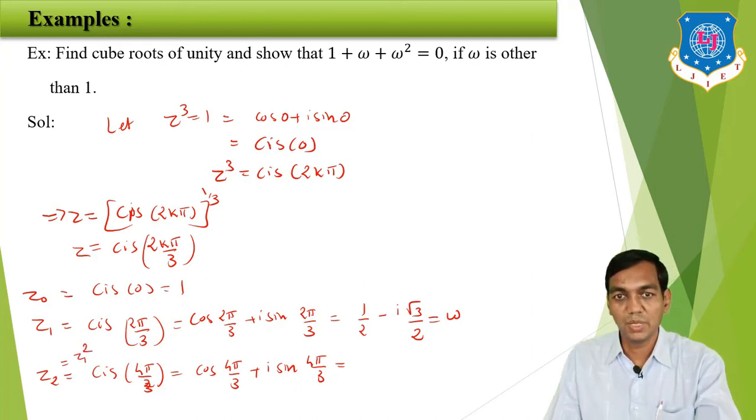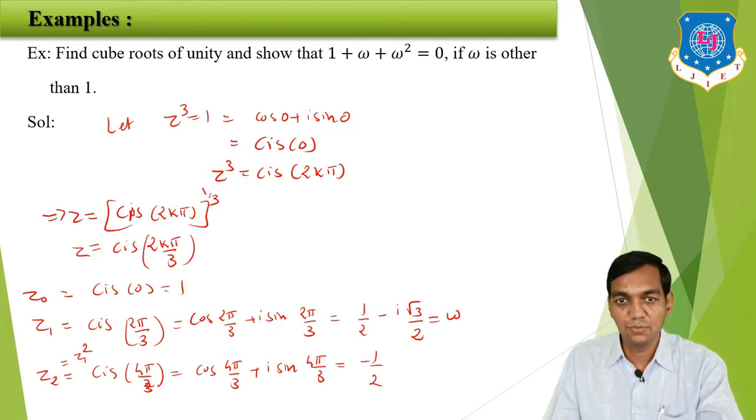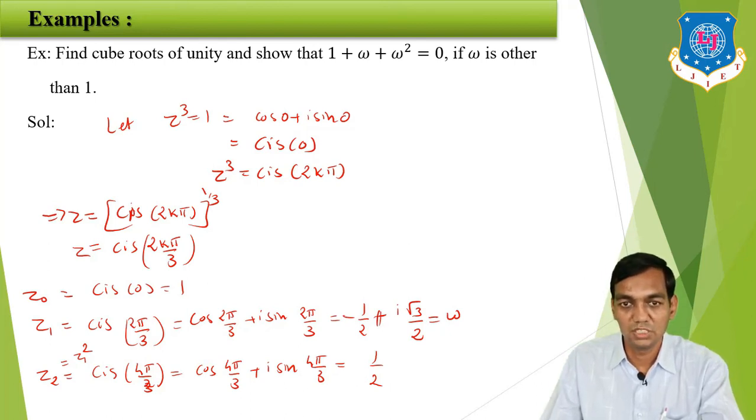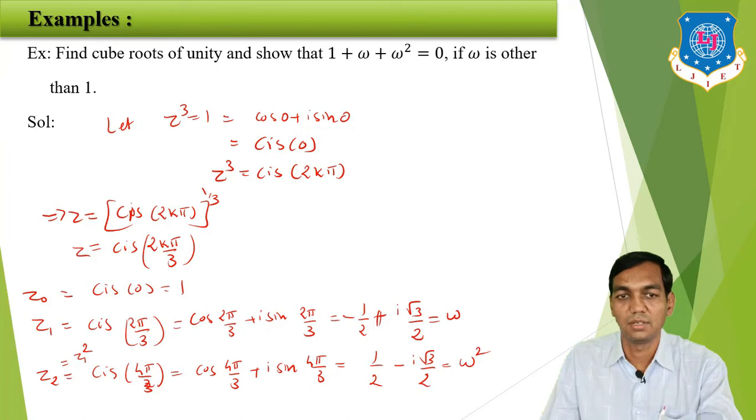So cos 4 pi by 3 is minus 1 upon 2 and sin 4 pi by 3 is minus root 3 by 2. Cos 2 pi by 3 is minus, sin 2 pi by 3 is plus, and this one is this. And this is nothing but your omega square.